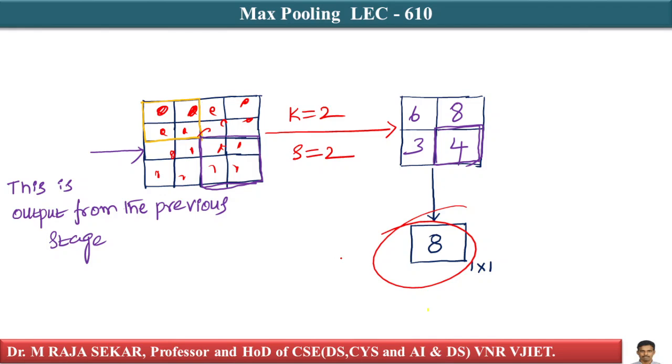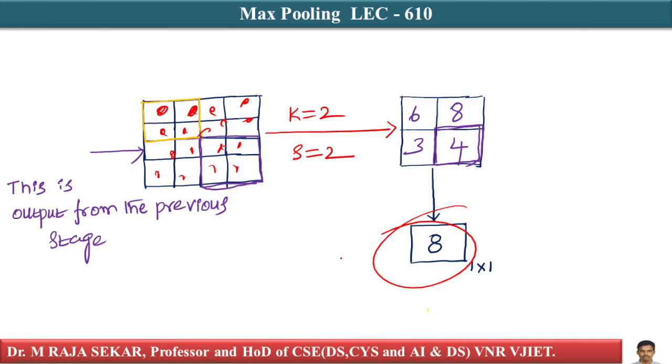By extension, if there is a face in any of these regions of the image, this value 8 will be higher. It is actually creating location invariance.